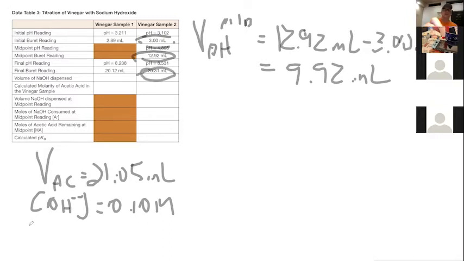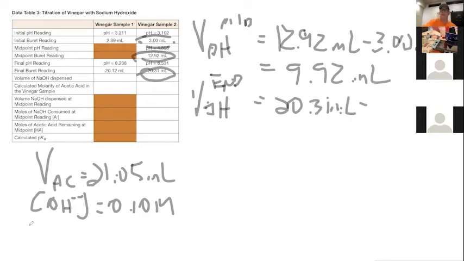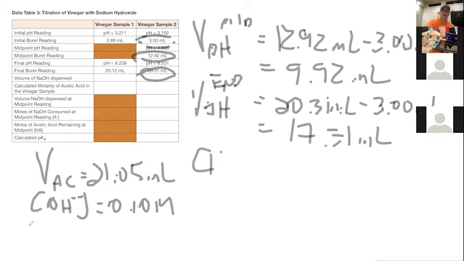At the end, so the volume of hydroxide at the end point is equal to 20.31 mils minus, again, the 3 mils that was at the beginning. So 17.31 mils. So we need to figure out what the concentration of acetic acid is at the beginning, before we've added anything. We get that from the volume of hydroxide at the end times the concentration of the hydroxide.